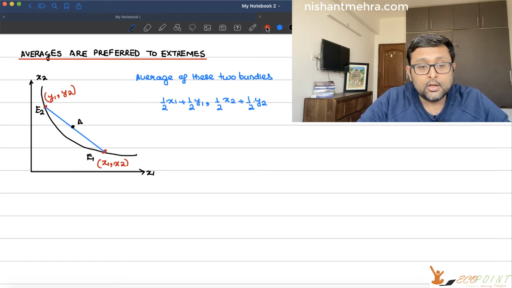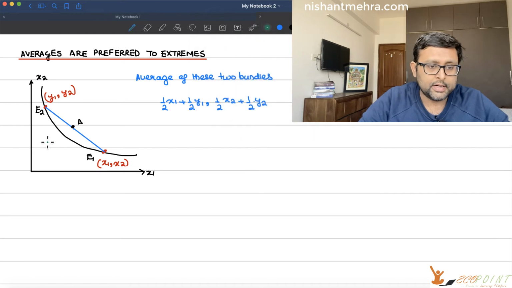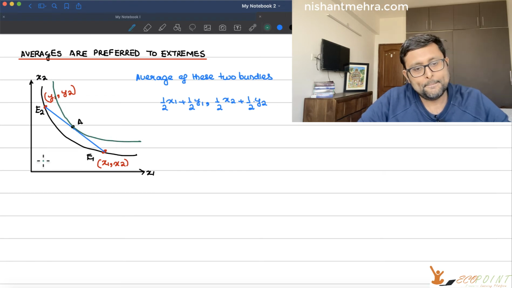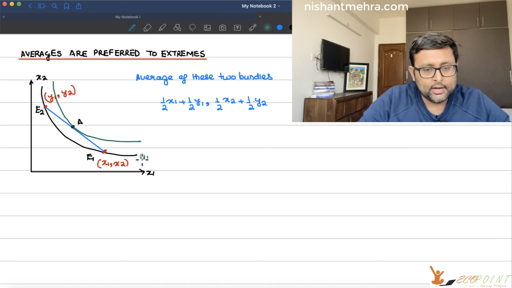Why? Because you can also draw an indifference curve passing through bundle A, which is going to lie at a higher utility. The indifference curve passing through E1 and E2 is, let's say, U1, and the indifference curve passing through A is U2.